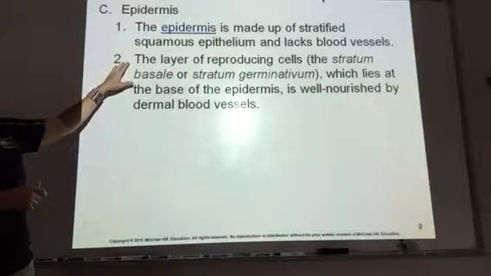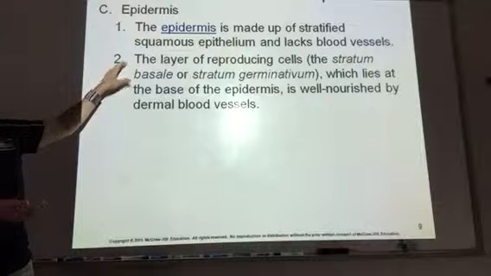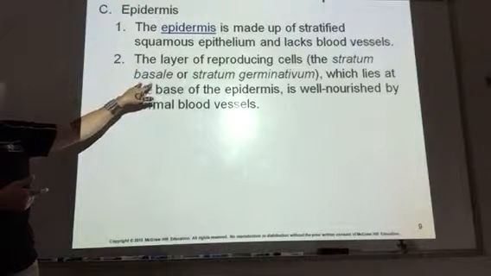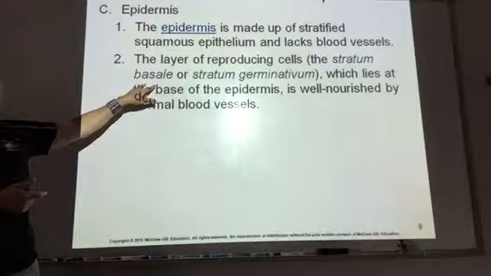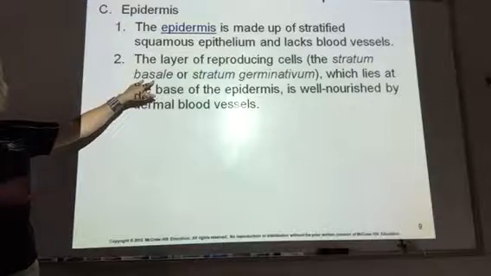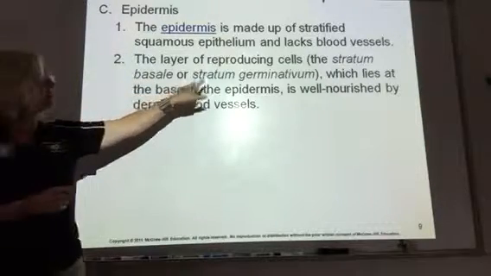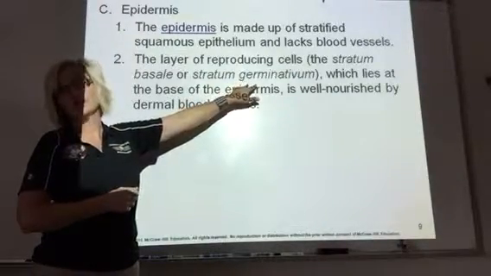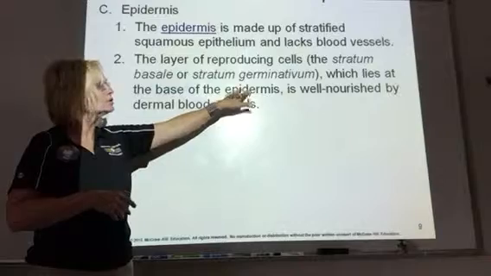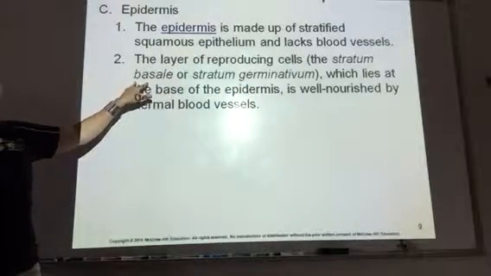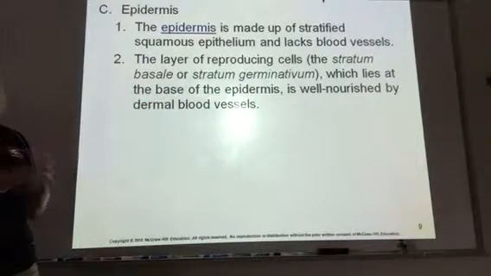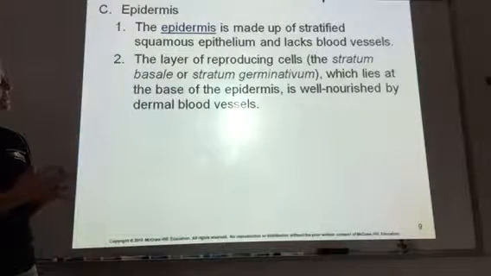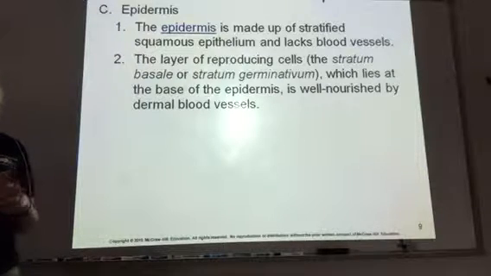The layer of cells that actually reproduces is the stratum basale, or basal layer. Base, bottom, is a way to remember this one. It's also called stratum germinativum because that's where it germinates, grows, or produces. But typically I'll call it stratum basale because it's at the bottom and easier to remember. It's the base of the epidermis, and it is well nourished by blood vessels.